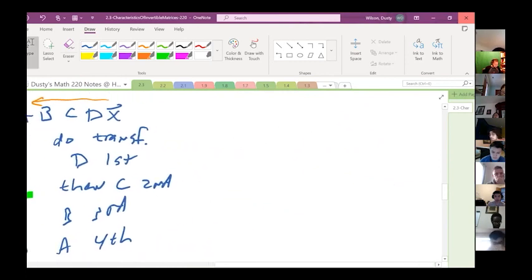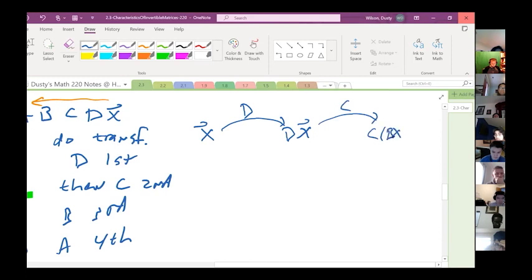So what this would be like saying is you start with X, and then you're going to go to DX following transformation D. So I go from X to DX, and then I take transformation C to CDX.